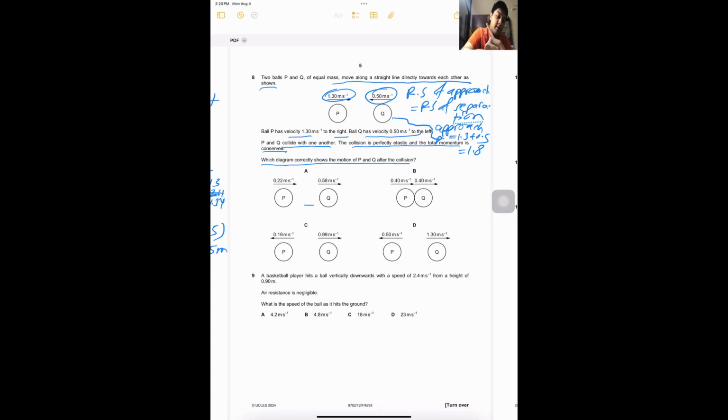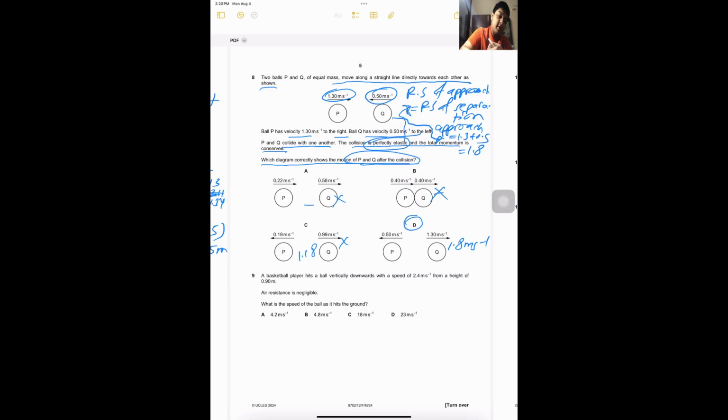This will also not have 1.8. This one, let's see, 0.99 plus 0.19, which is 1.18. So this is also wrong. That's also wrong. This too will have 1.8 meters per second. Hence, after the collision as well, since it's perfectly elastic, this law works, and hence the answer is D.